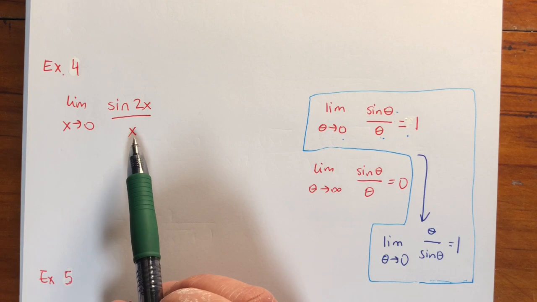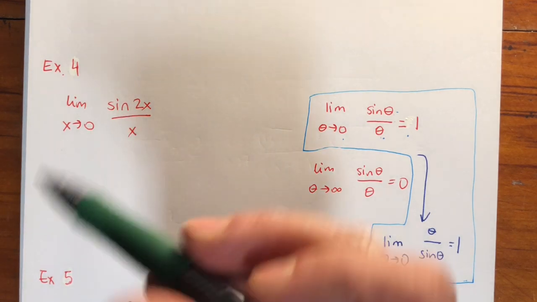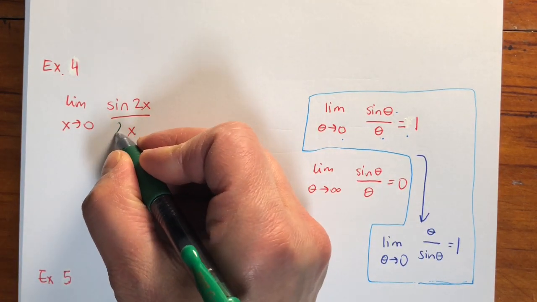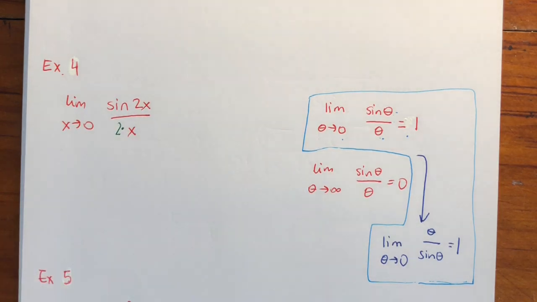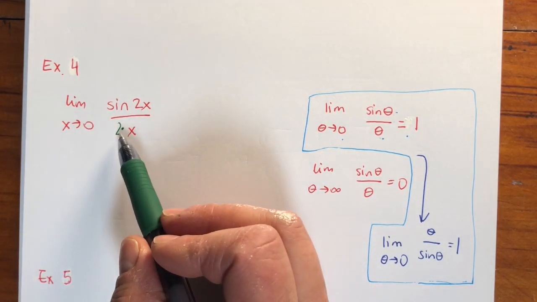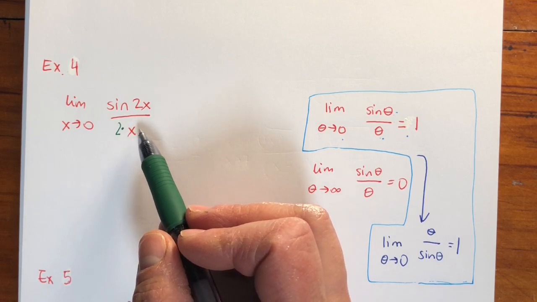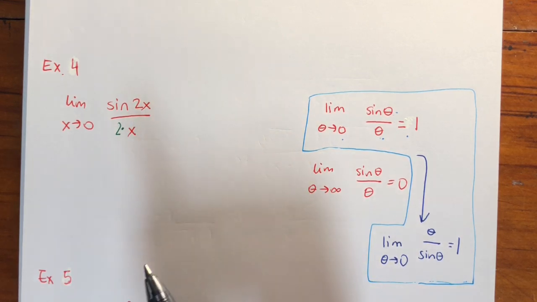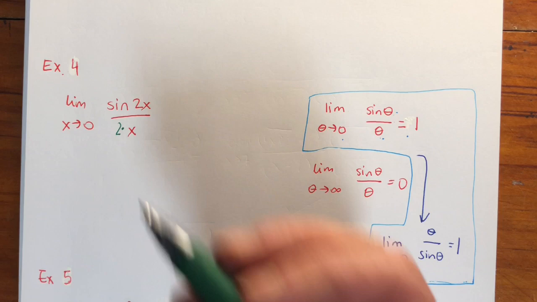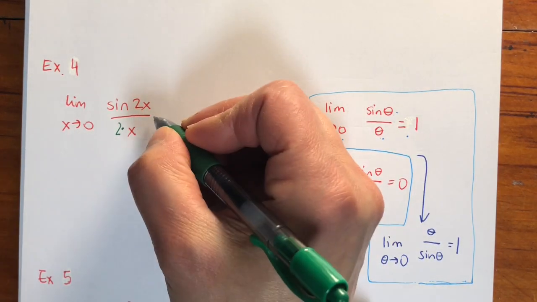So now the question is, can we make it to be 2x? Well, watch this. I am going to expand this. So I am going to multiply it by 2, but I can't just multiply by 2. It's the same thing as when we rationalized. When you multiply numerator or denominator by something, you need to multiply the other one by the same thing.